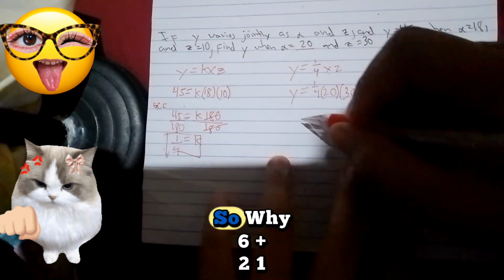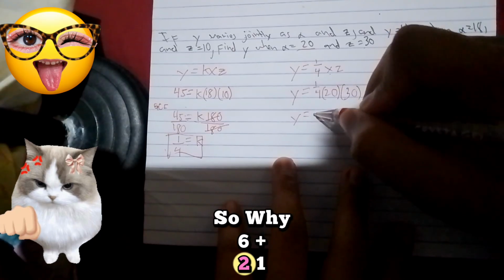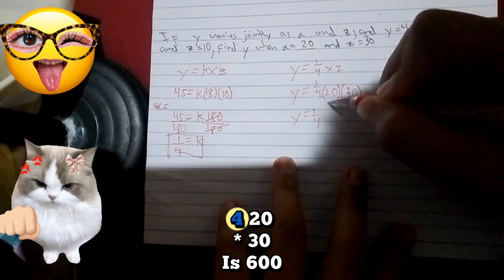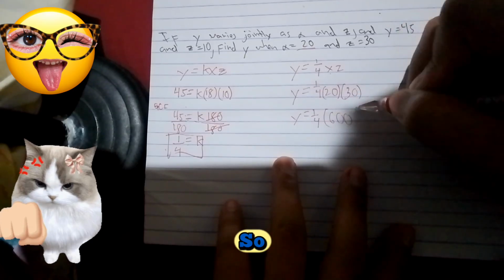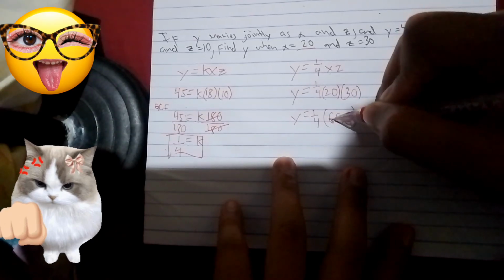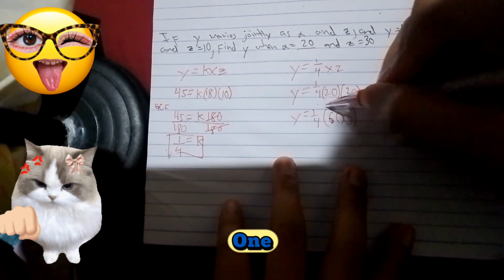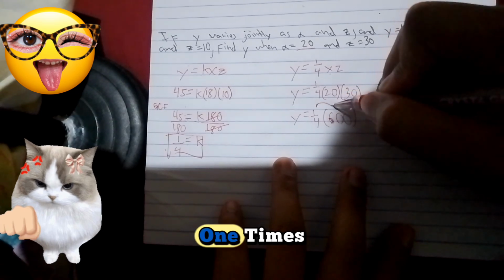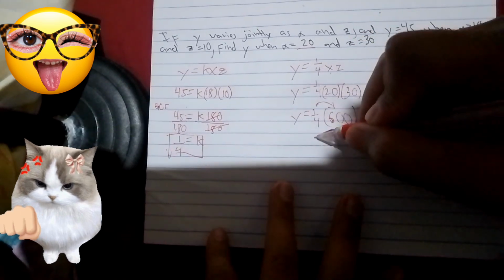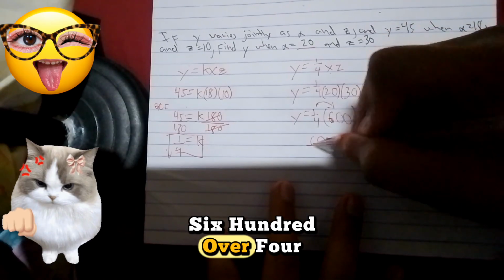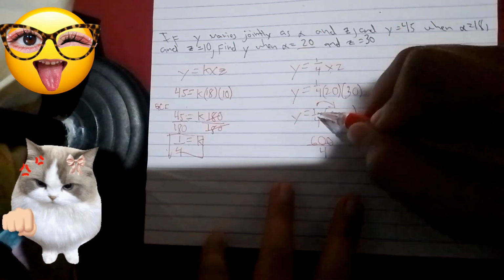So y is equal to 1/4 times 20 times 30. 20 times 30 is 600. So 1/4 times 600 is 600 over 4.